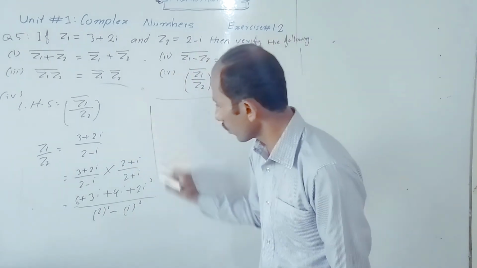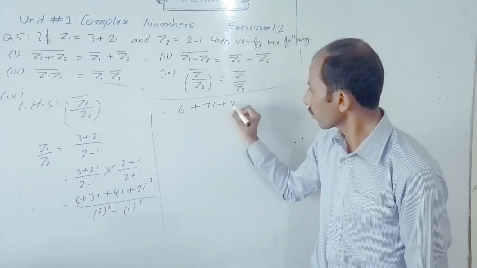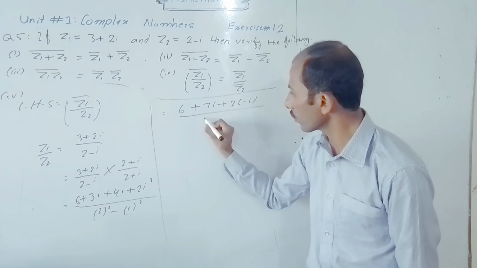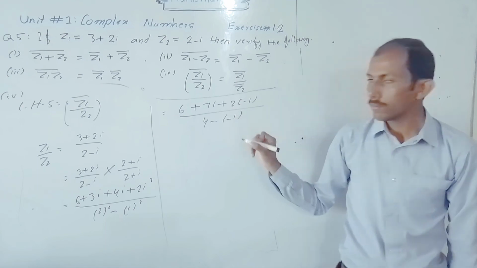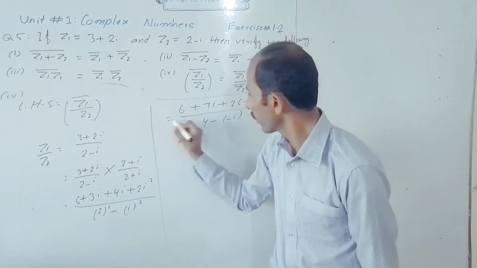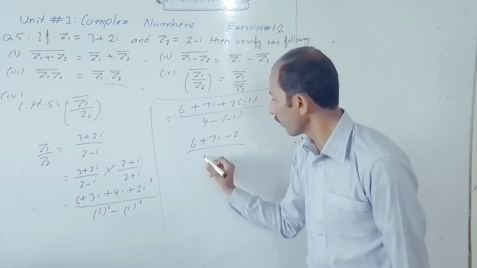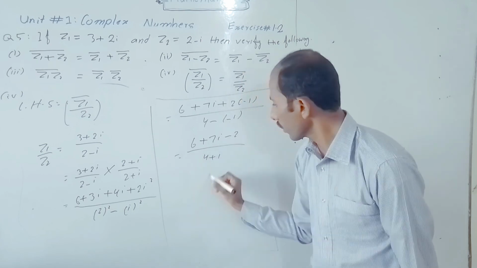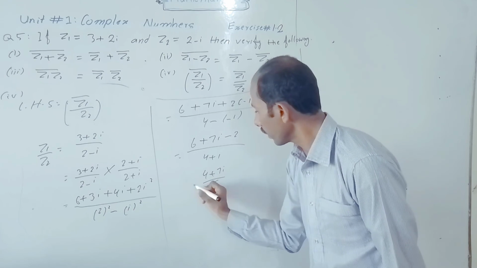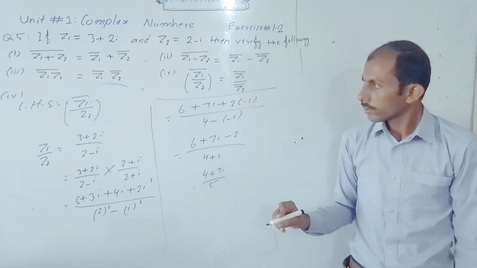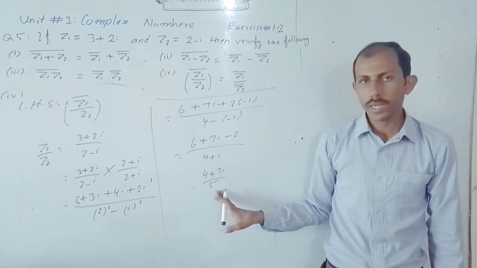So which is equal to 6 plus 7i plus 2 into minus 1, which is equal to 2 squared is 4 minus i squared, where i squared is equal to minus 1. So which is equal to 6 plus 7i minus 2 divided by 4 plus 1, is equal to (4 plus 7i) divided by 5. Z1 divided by Z2 is equal to (4 plus 7i) divided by 5.